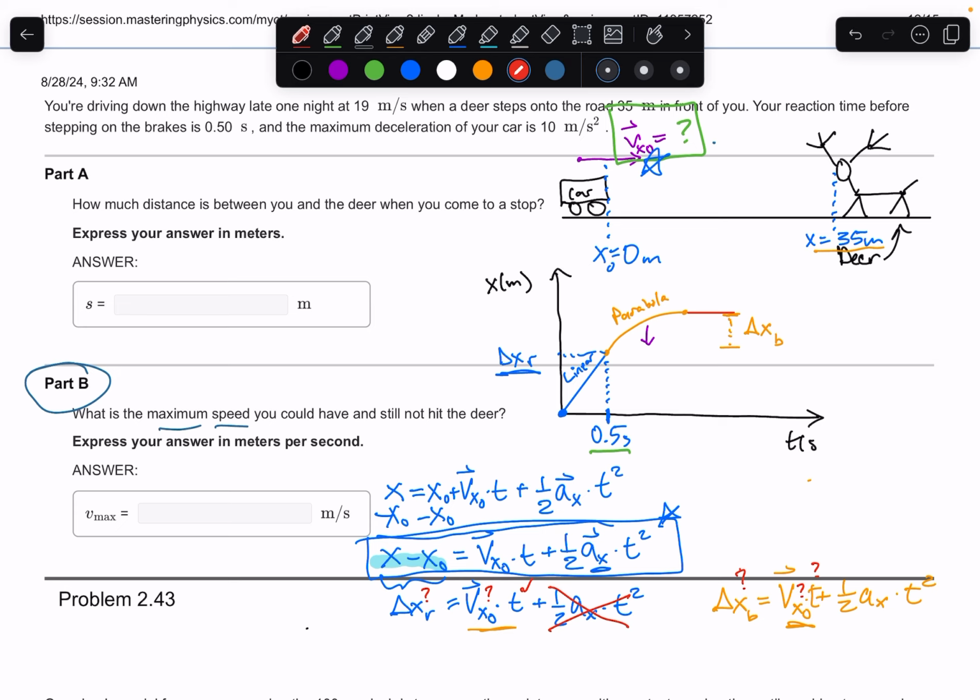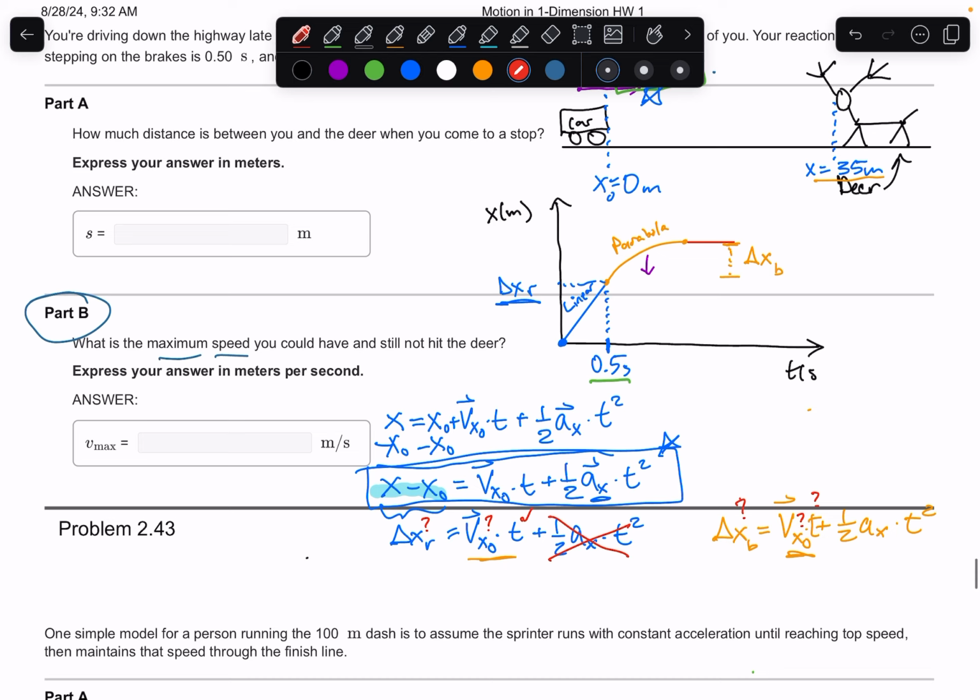So this is where you get to a point where this kinematic isn't working because I have too many unknowns. Is there a kinematic I could use that has fewer unknowns? The answer is yes: the kinematic where we don't have the time component.